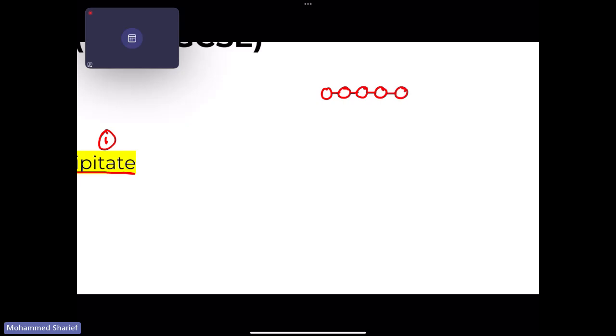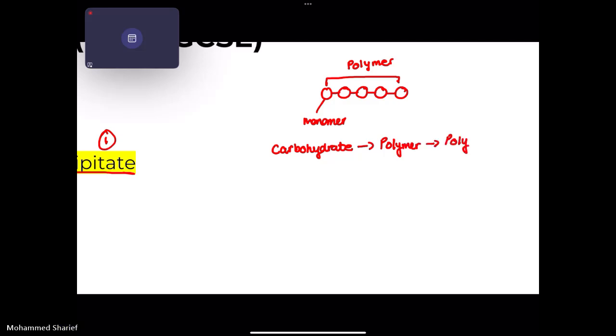This is a polymer. Each circle is representing a monomer. The whole chain over here is known as a polymer. And we looked at an example for carbohydrates, which you are expected to know. Carbohydrate is an example of a polymer, and it's known as a polysaccharide.